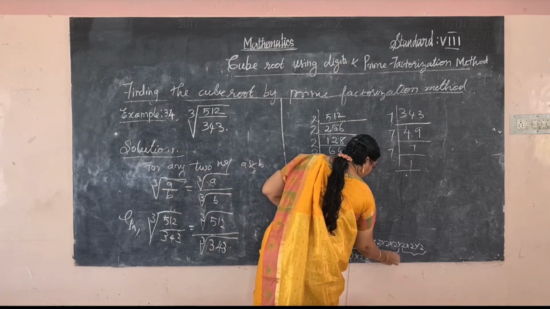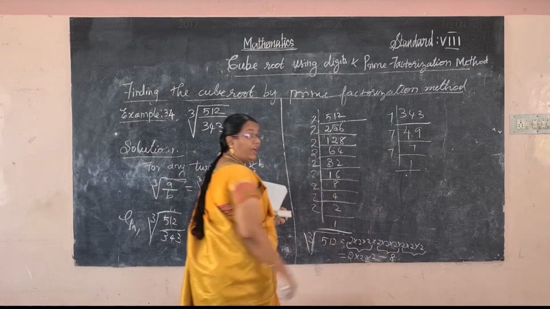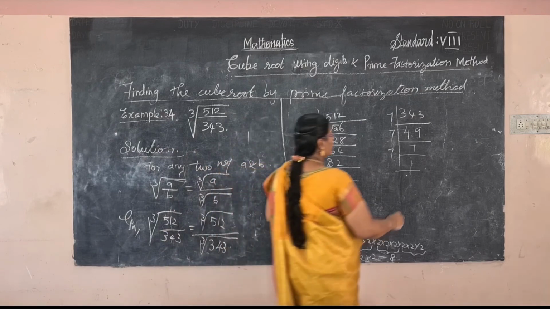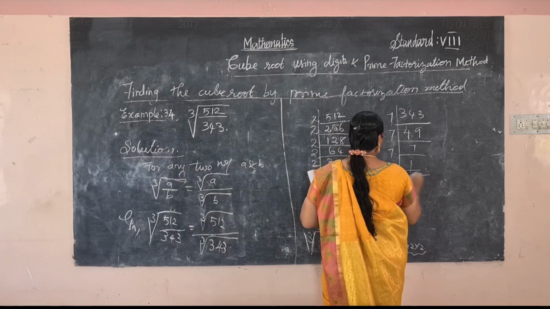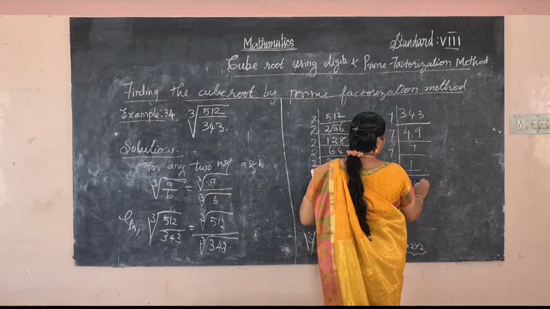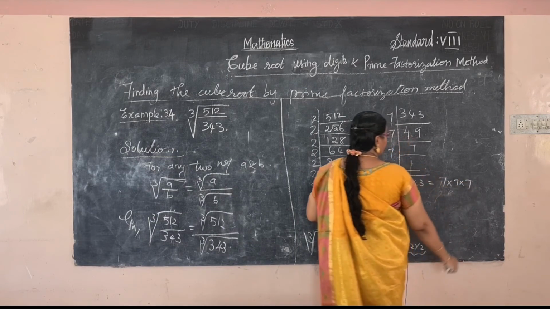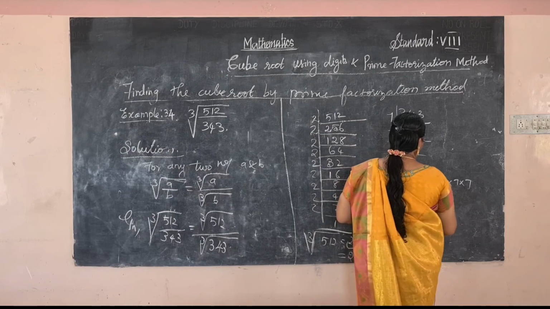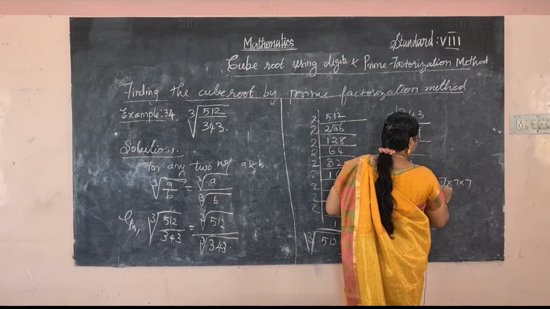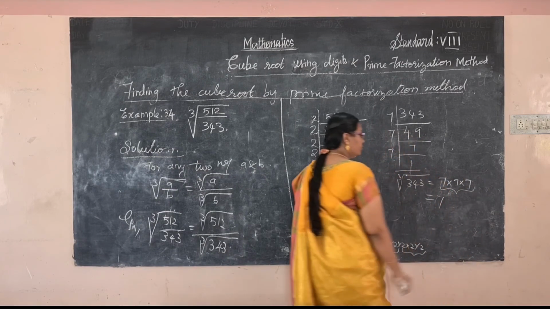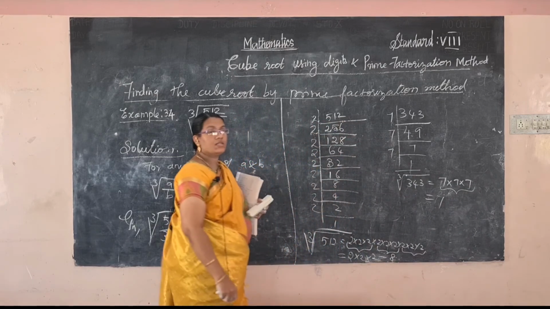So the cube root of 512 is equal to 8. And the cube root of 343 is 7 multiplied thrice, so taking one from the triplet gives 7.